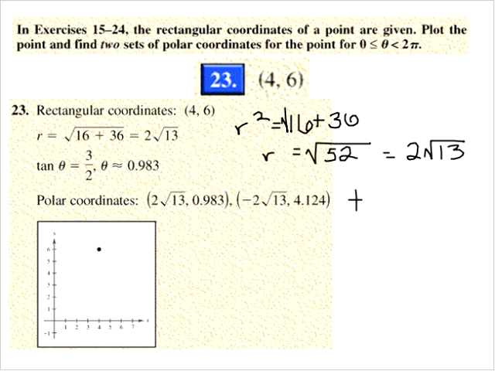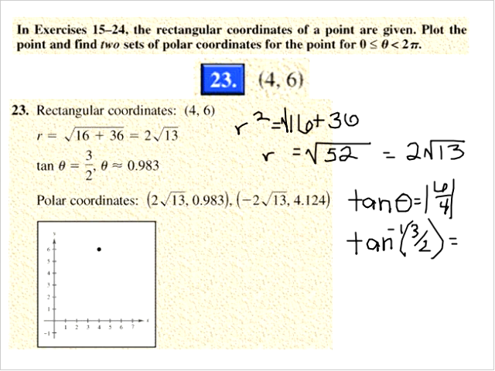Okay. And then to find theta, we do tangent of theta equals the absolute value of b over a. So that's your 3/2 there. We do need to do tangent inverse of 3/2 or 6 over 4, depending on how you want. And we do get approximately 0.983 for that decimal answer.